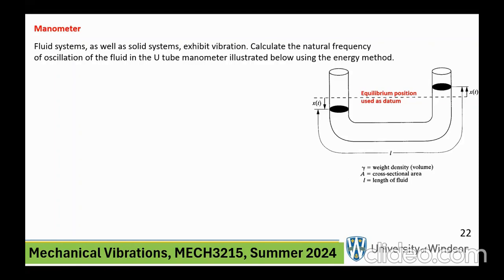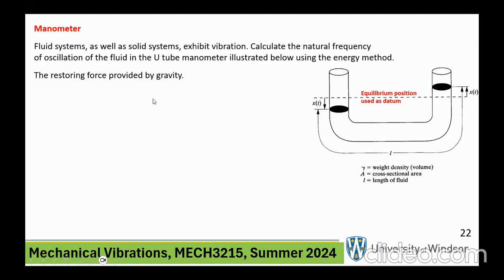Please don't mix up. I'm done with the subject of the previous two slides, which was how to account for the mass of a spring. We don't have a spring here. So this is just to get the manometer equation, the vibration of the manometer liquid, in terms of energy balance.